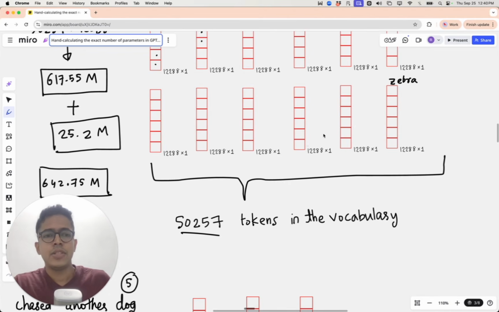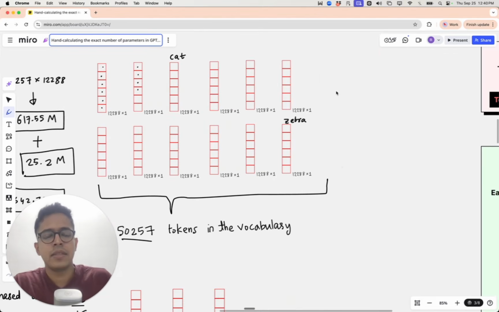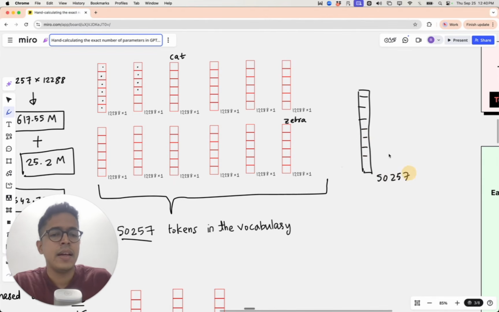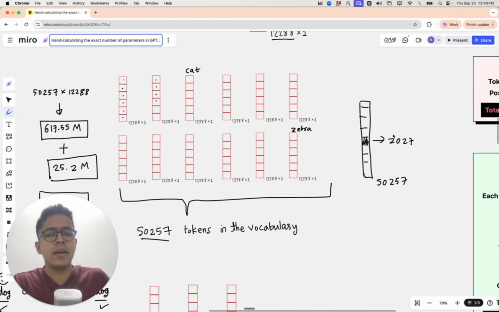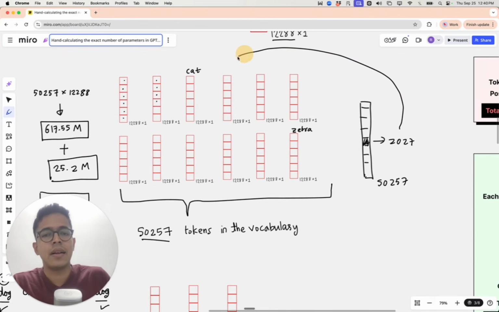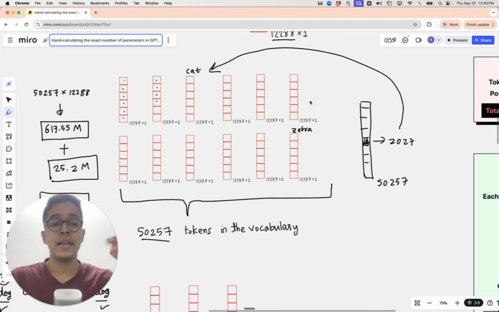So it'll be nice to have a distribution with a bunch of values, total number 50,257, and maybe one value is predominantly bigger. Let's say the ID of this is 2027, the 2027th token, and let's say that is cat. Which means the next token I'm supposed to predict is highly likely cat.